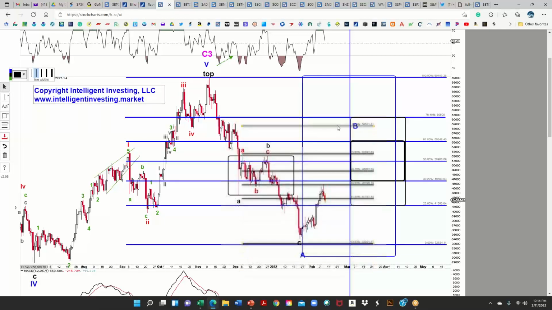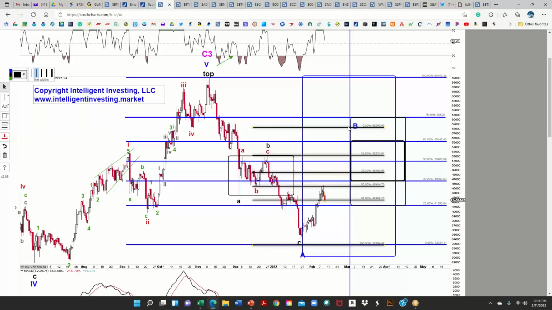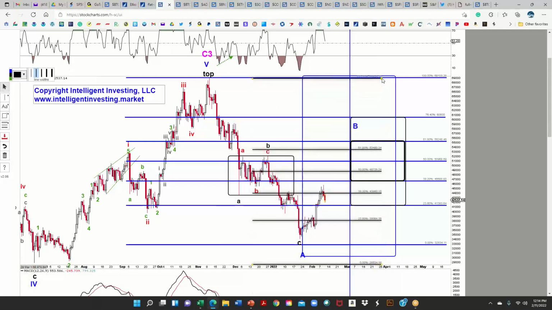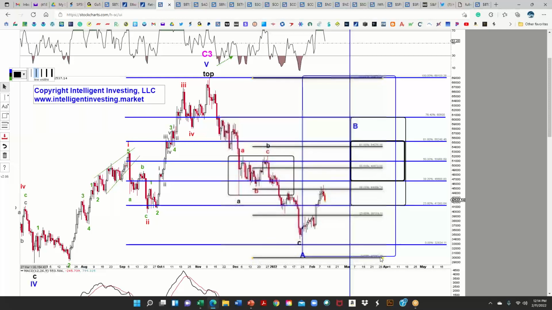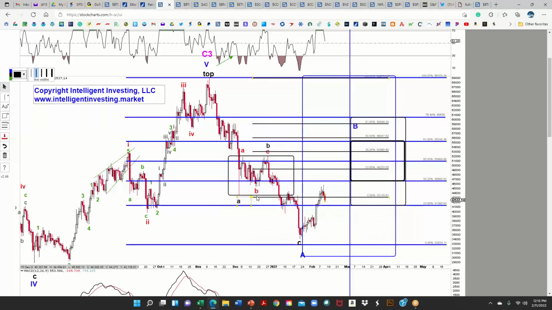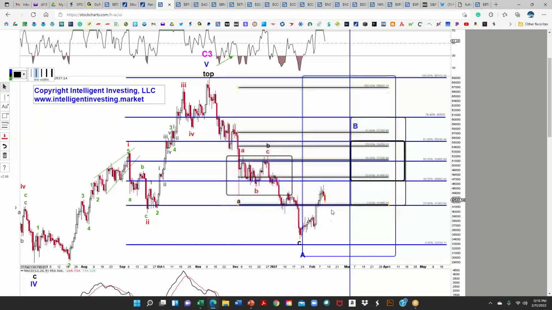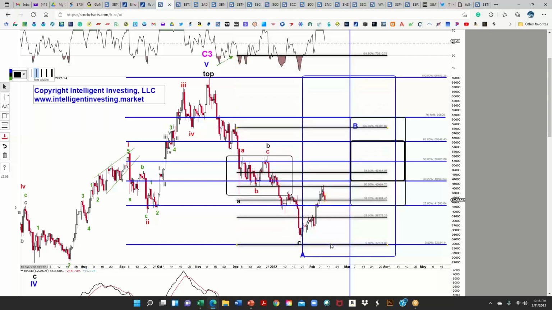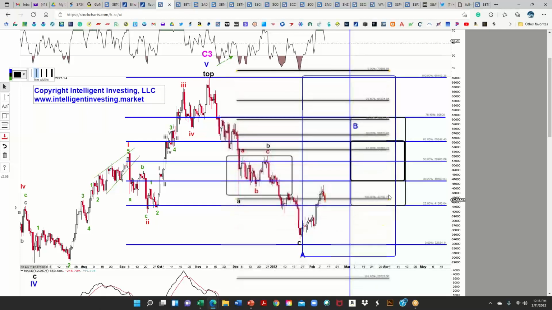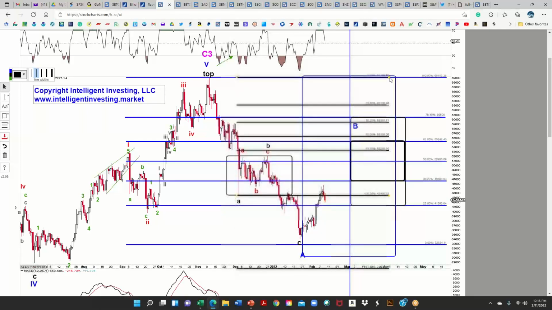And what we can see here is that wave C was exactly, I'm going to change it around for you so you can see it even better. Let me see here, there. So this is wave A. And then we go to the bottom here to this larger wave A. Oh, sorry, I had it correct. My bad. Sorry for the confusion.